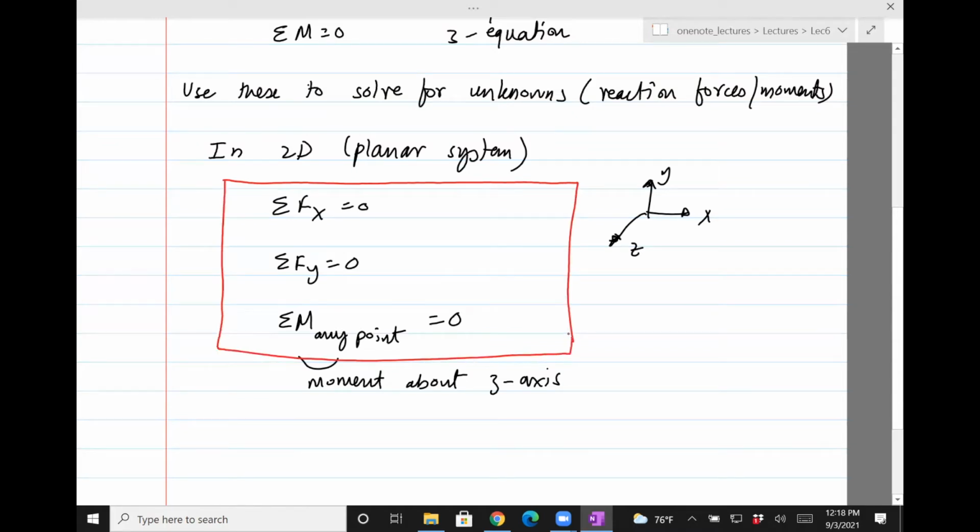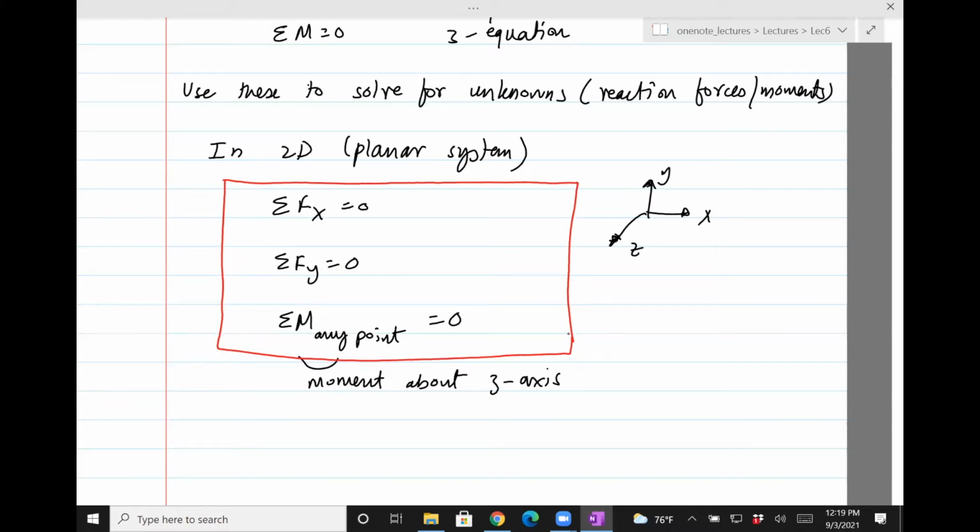A common mistake people make when we do dynamics or statics is that they use that third equation more than once, 2 times, 3 times, thinking you can use that equation repeatedly. However, you need to be careful, because that equation is not a unique equation. If you write that equation 3 times, you will not have a different equation. It's the same equation.